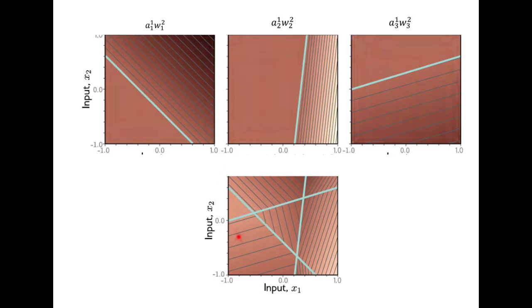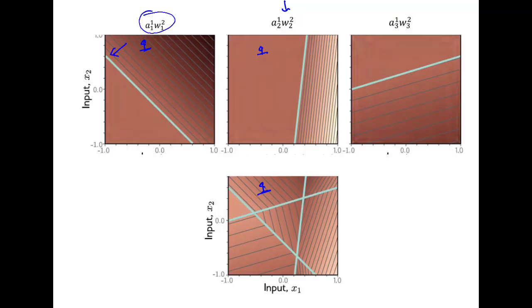Let's say this is region number 1. What is happening in region number 1? So this activation is actually 0. And if I look at region number 1 here, the first activation is active. The Z corresponding to that is positive. So this is going to behave like increasing in this direction.